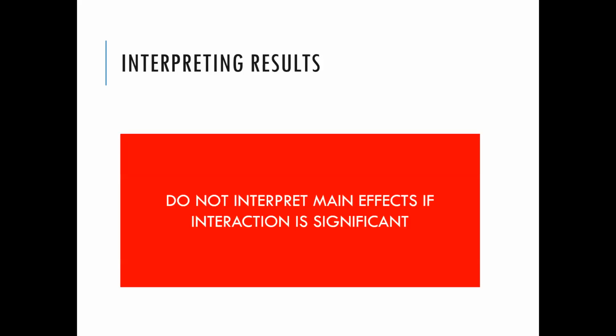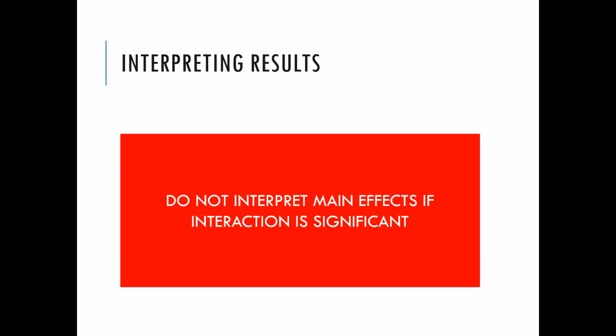Okay, so how would we interpret these results? I'm putting this up there because this is really, really important. If there is an interaction, we cannot just interpret the main effects. We have to conduct the appropriate linear contrast to get the appropriate main effects. And we went over that in the recorded lecture when I talked about type 1, type 2, and type 3 sum of squares. Typically we would look at type 2 and type 3 most often.